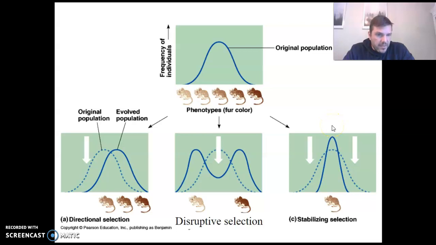Then it's probably going to favor one of the coat colors over all of the others, and that's an example of stabilizing selection. The number of mice with that medium coat color is going to be the highest, and the numbers of the other phenotypes are going to go way, way down.